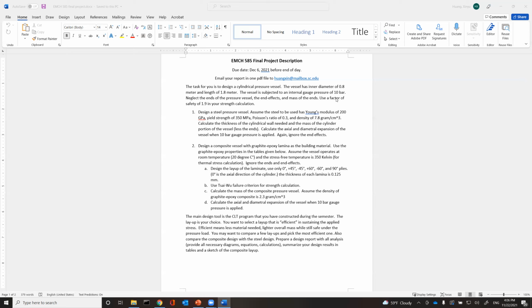You can figure out exactly what the load per inch length is in the hoop direction and the axial direction using this single number, 10 bar, plus the dimension, 0.8 meter diameter. That's just basic solids equation calculation: PR over T and PR over 2T, if you remember those equations. Okay, so it's biaxial loading.